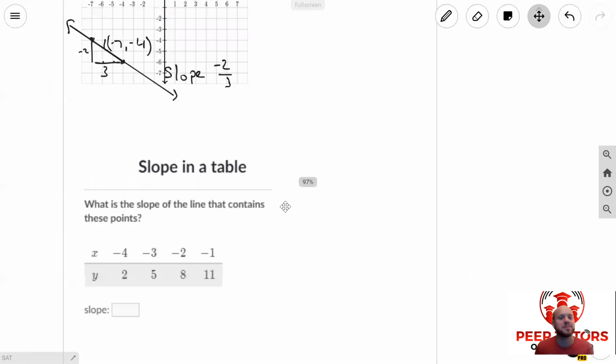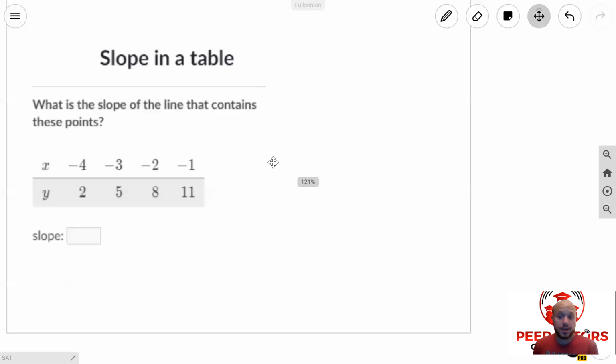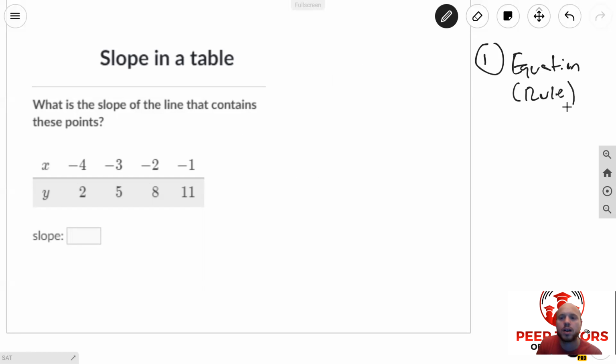All right. But, okay, so this is very important too. You should know that every function, no matter whether it's linear, quadratic, or exponential, can be represented in 3 ways. We can see them as an equation or a rule, or a graph, which we just looked at.